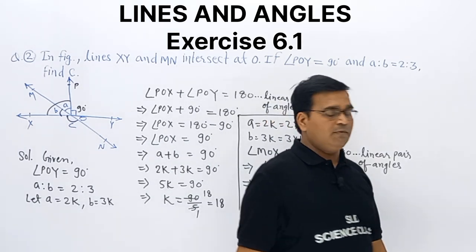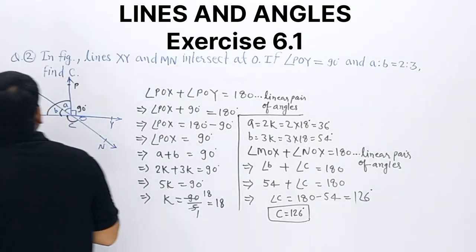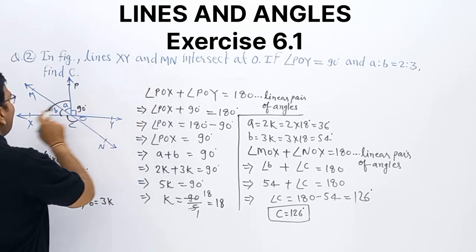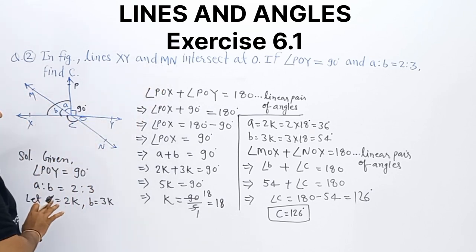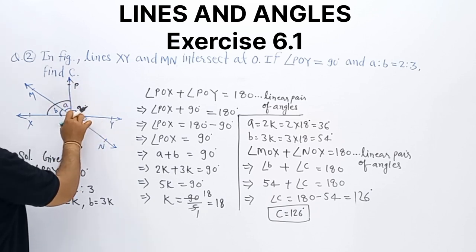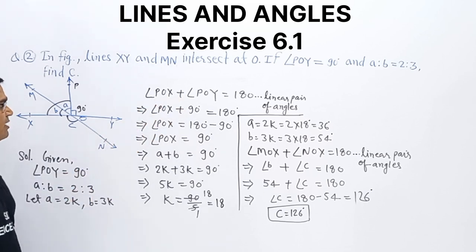Observe how we are solving this question. This is an easy question. In this question, we have XY and MN as intersecting lines. Then one angle is given. So this angle and this angle sum will be 180 degrees, linear pair of angles.